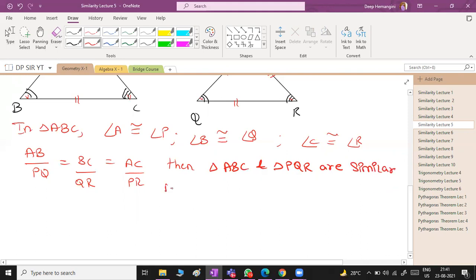That is, we denote this mathematically using a similar sign. Triangle ABC is similar to triangle PQR. Just give me a moment, everyone.